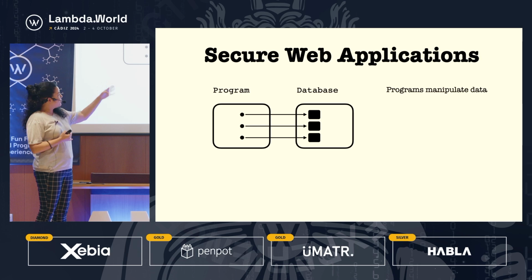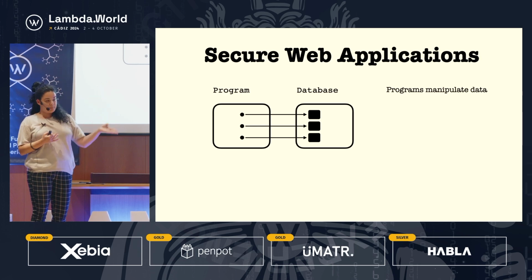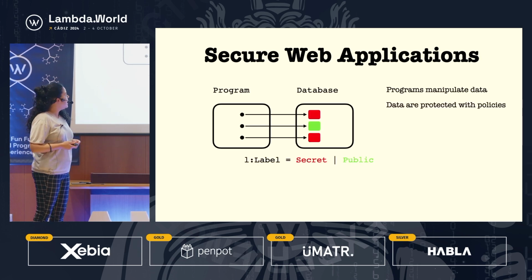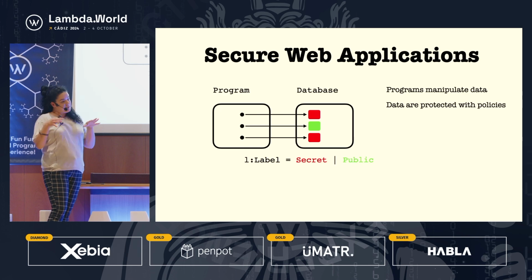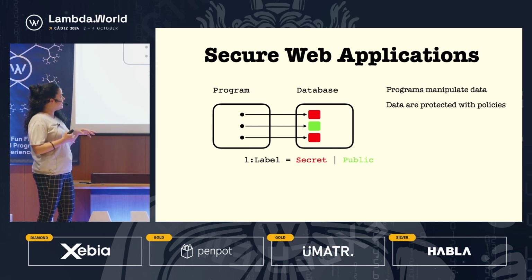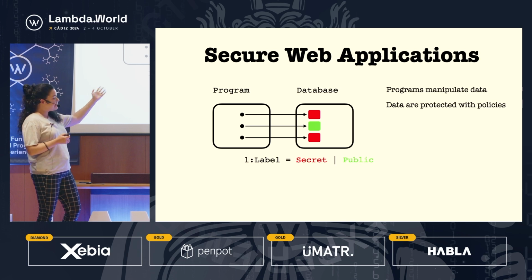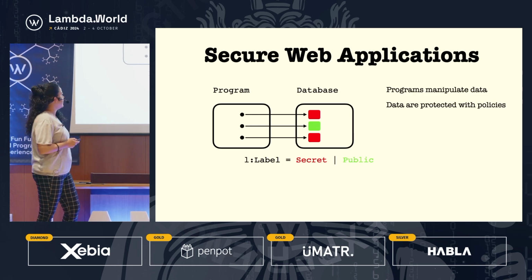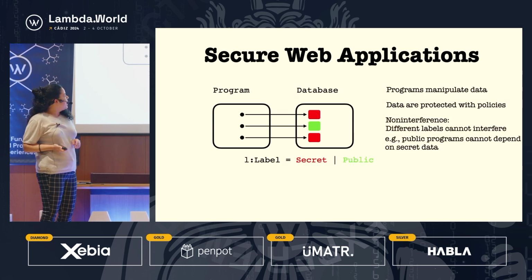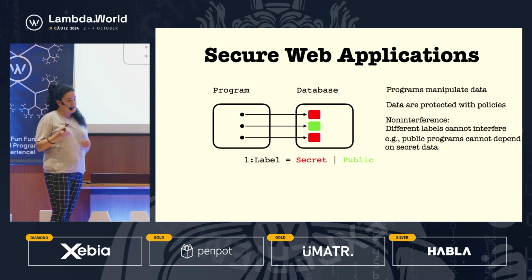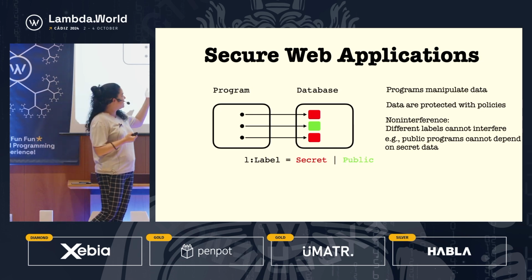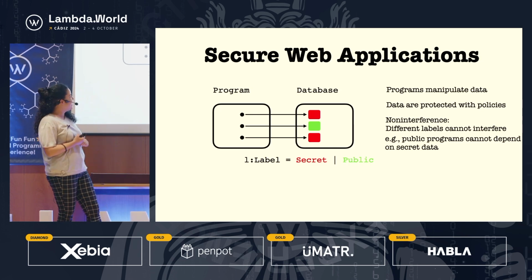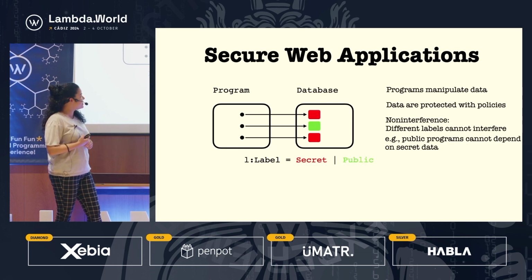And the idea is that we have programs. The programs manipulate data from a database. And this data that is stored in the database can have different policies. So it can be secret, which is red, or it can be public, which is green, right? And a property that people want to have when they interact with these secure applications is what they call non-interference.